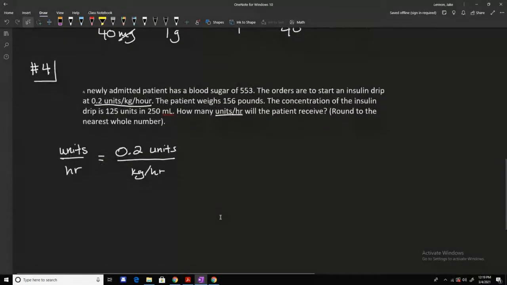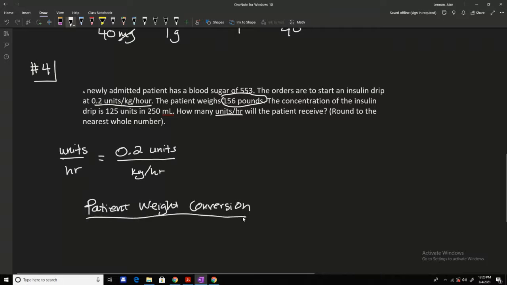And then we don't see kilograms in the problem, but we do have another patient weight that's 156 pounds. So I would call this the patient weight conversion. This is when it comes up typically. And that is just a conversion used from pounds to kilograms.